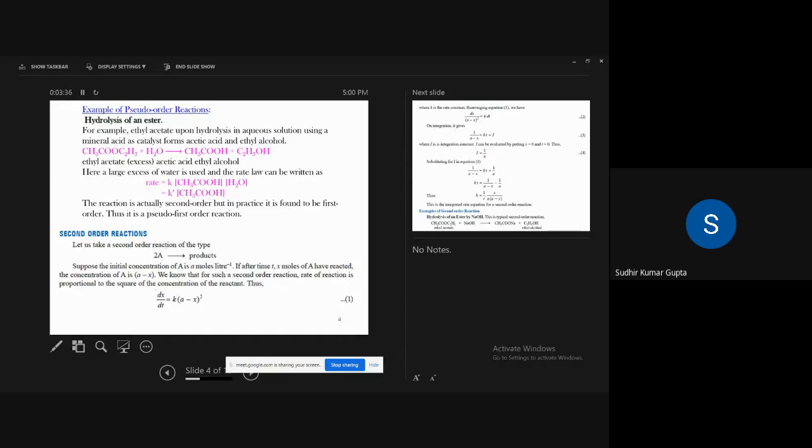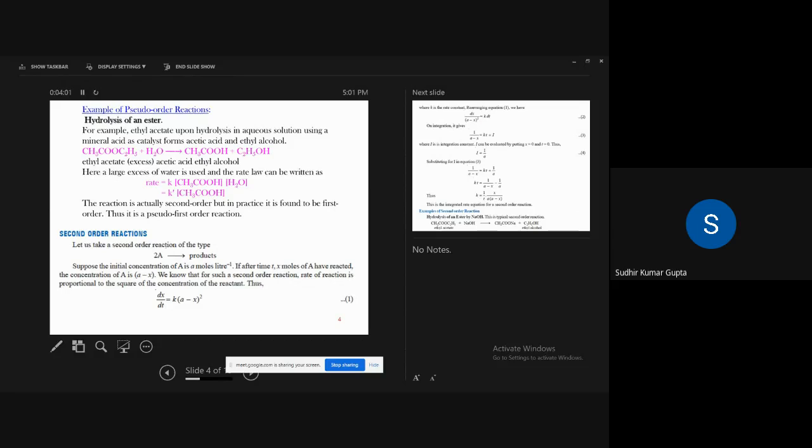Here, the change in concentration of water is very small compared to the concentration of ester, or ethyl acetate in this case. So practically we find that the rate depends upon the concentration of ethyl acetate. This is an example of a pseudo first order reaction.